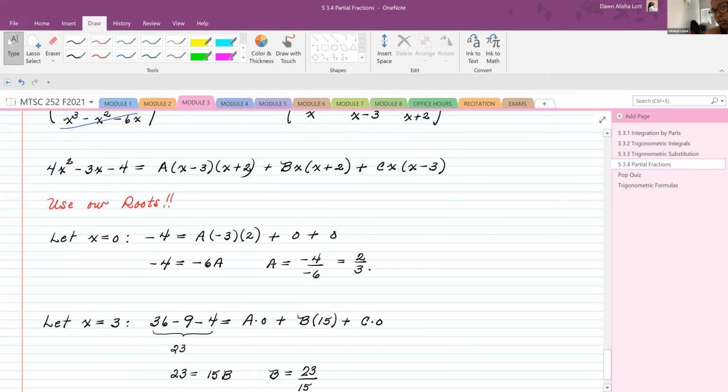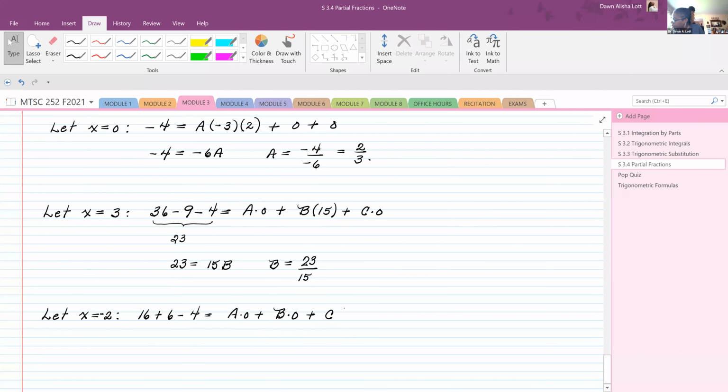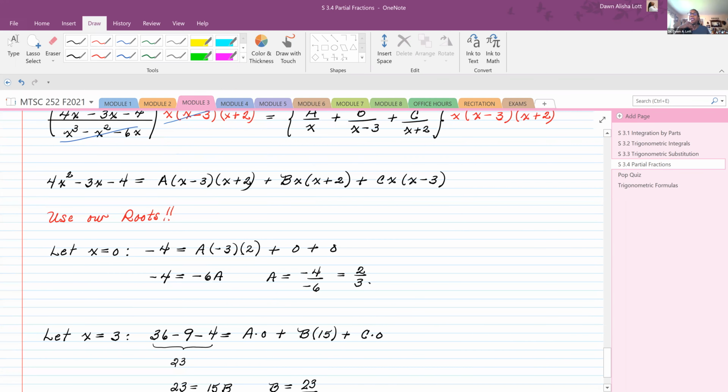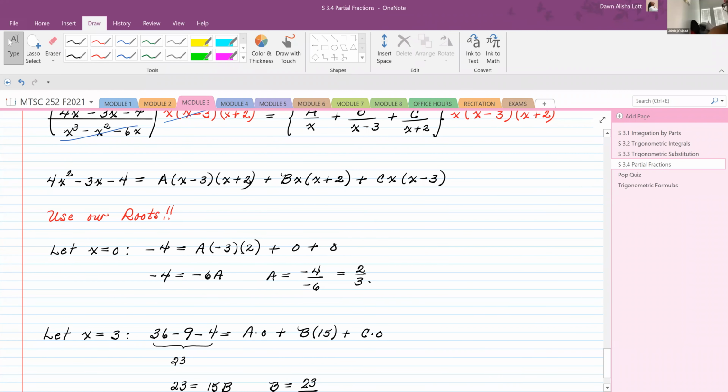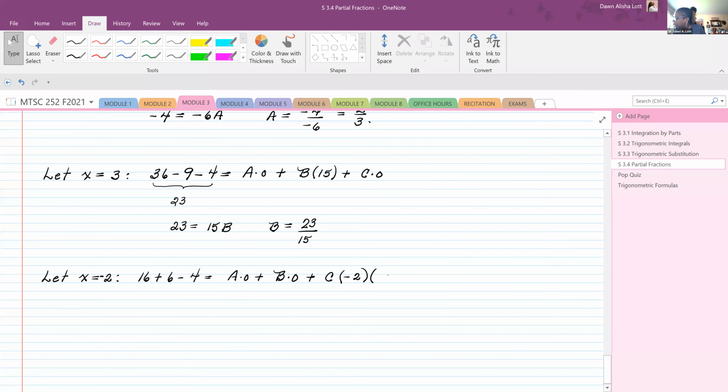Okay, it's actually negative 2. So c times negative 2. And then you have to put negative 2 in for here. So what is that? -5. Excellent.